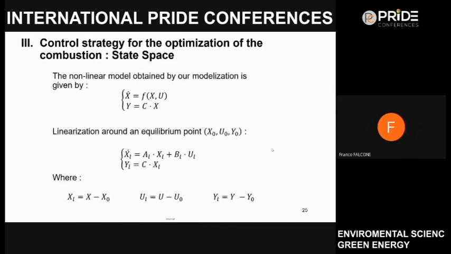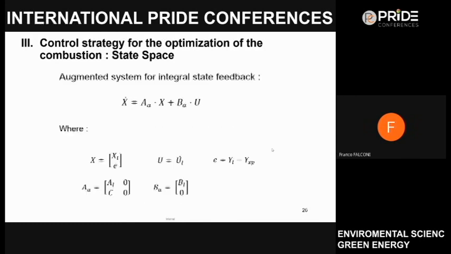So we have our nonlinear model that comes from all the equations that we have seen previously. And what we are going to do is linearize this nonlinear model around an equilibrium point, in order to obtain a linear representation to apply a linear quadratic controller.